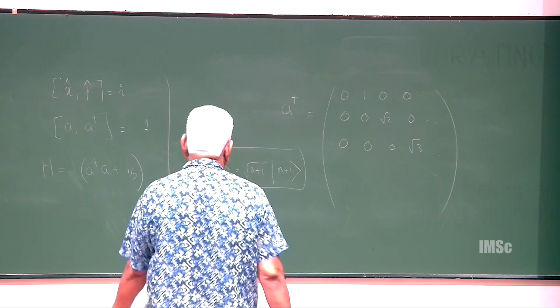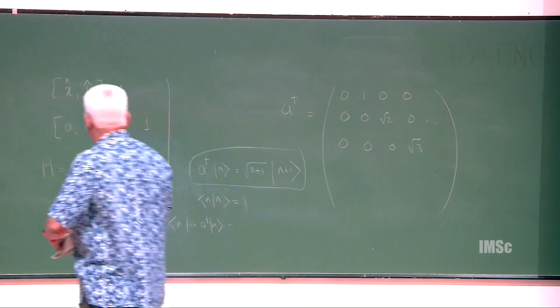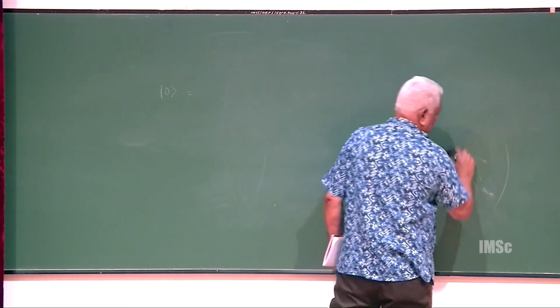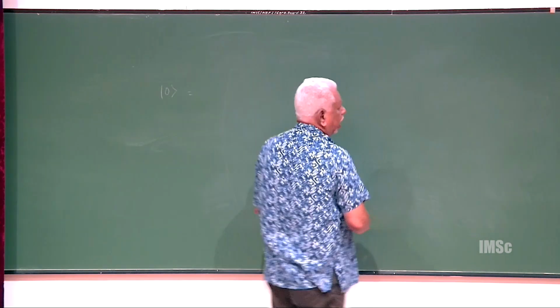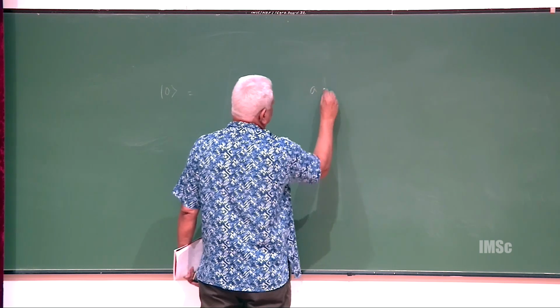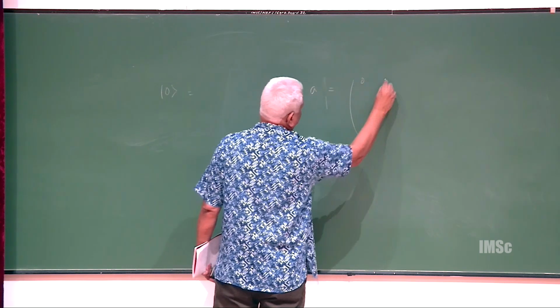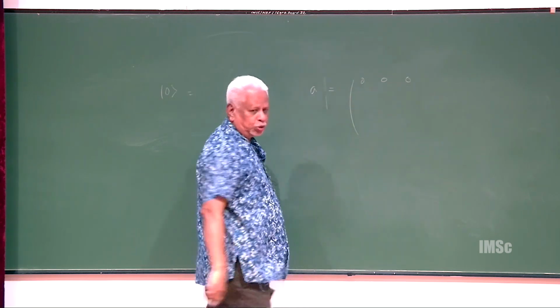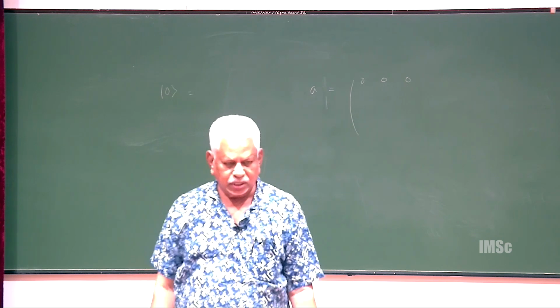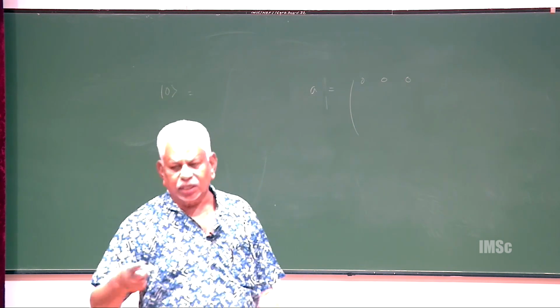Similarly for the operator A, it is the same matrix, just take the transpose. A dagger, you take the conjugate and transpose.